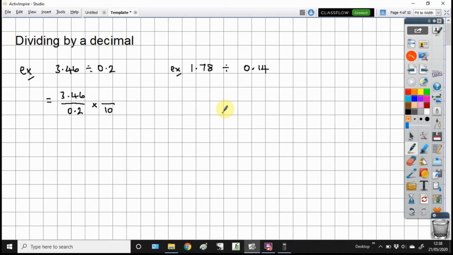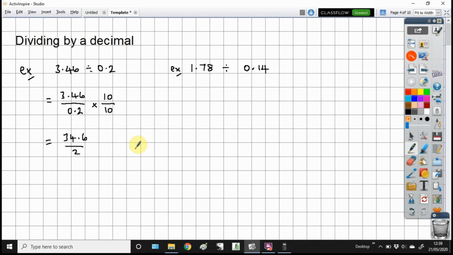And the easiest way to make the denominator a whole number in this question is to multiply it by 10. That's fine, as long as we also multiply the numerator by 10 so that we're multiplying by 1 overall, and we will get our equivalent fraction. So we've got 34.6 being divided by 2. And all of a sudden things are much easier.